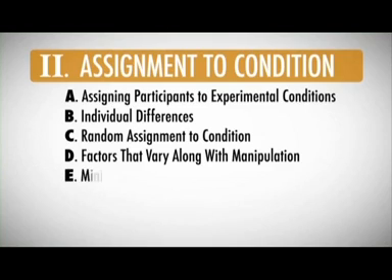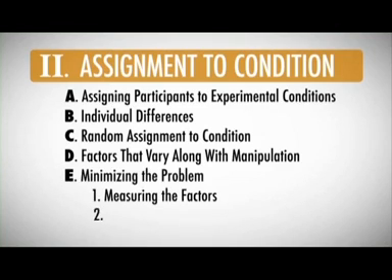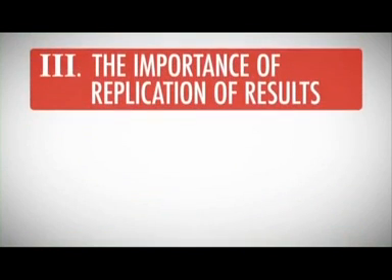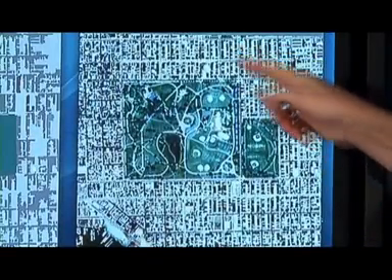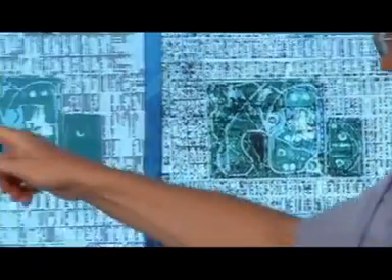Fortunately, we can minimize the effects of such factors by measuring the factors and by employing the yoked design. Finally, we'll see how replication of studies helps make sure that our results are not misleading. Understanding these risks and strategies improves our ability to reach meaningful conclusions and empowers us to read other researchers' reports more critically.